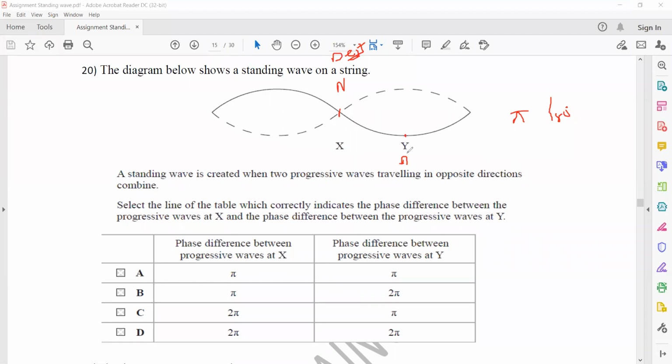And an antinode is formed by constructive interference, so the phase difference should be 2 pi or 360 degrees. That's why B is the right answer for question 20. Is this question clear? Because we need the phase difference between the two progressive waves which result in the formation of this standing wave.